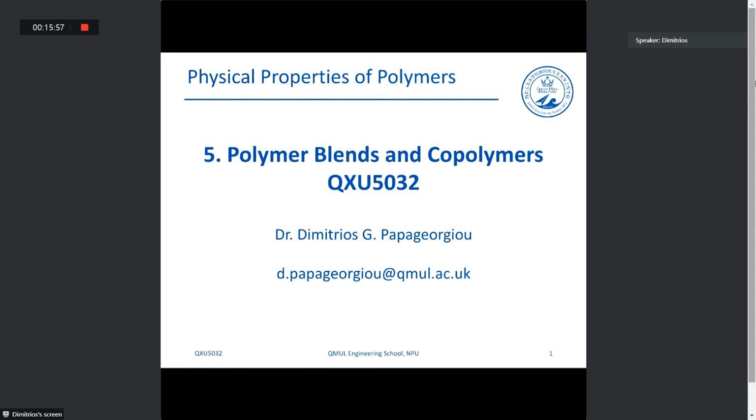And these can be, let's say, plasticizers, they can be fillers, they can be clarifiers, and so on, okay? Polymer blends and copolymers are completely different families of materials, even though they include a combination of either two polymers for polymer blends or two monomers for copolymers.